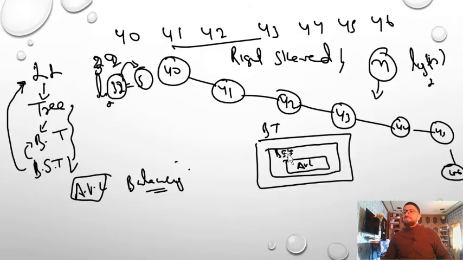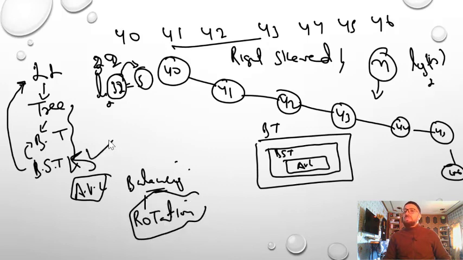By rotation. So this is what we do in our AVL tree. If skewness comes in, we balance that and force it to become a binary search tree, by rotation, such that our advantages of binary search trees, of searching, deletion and everything, stay there, even in a worst case scenario like this.